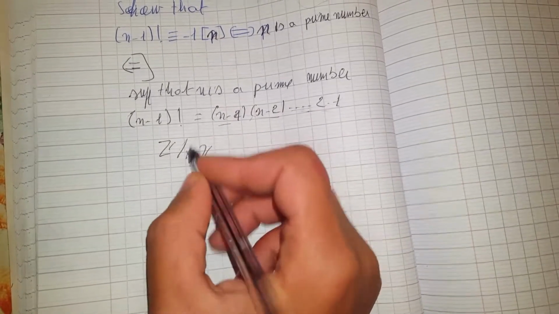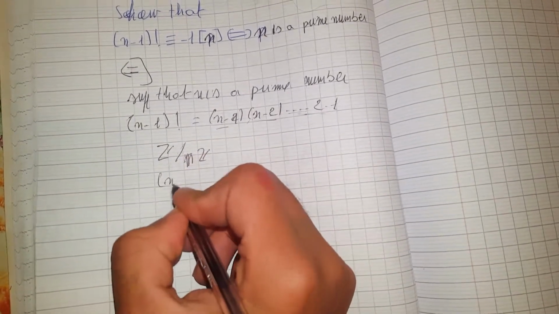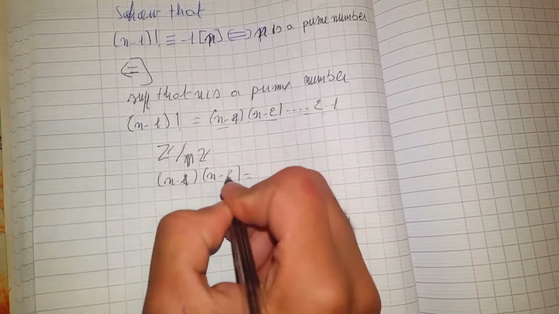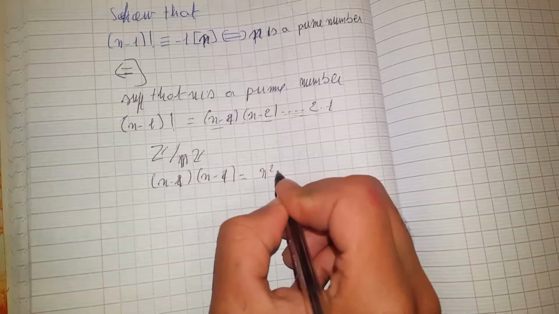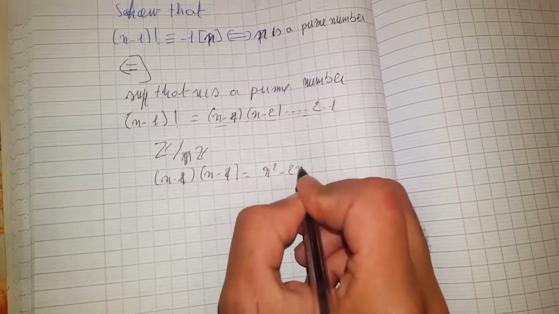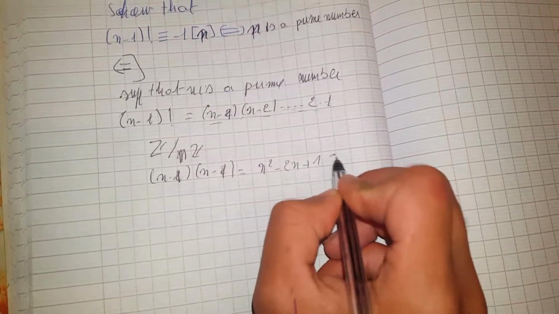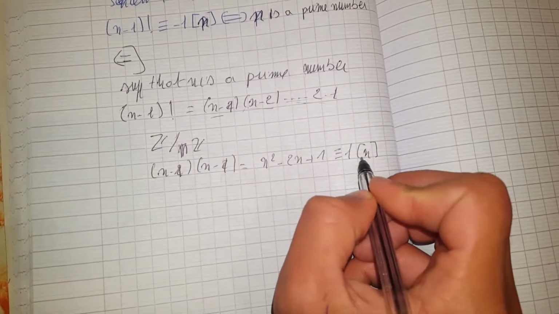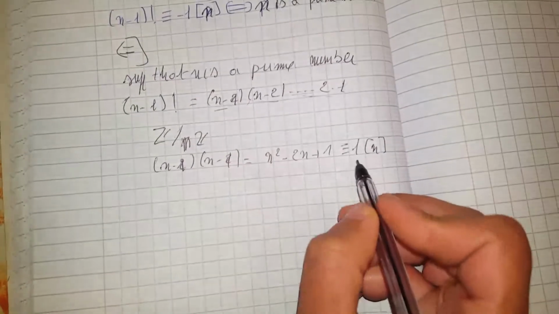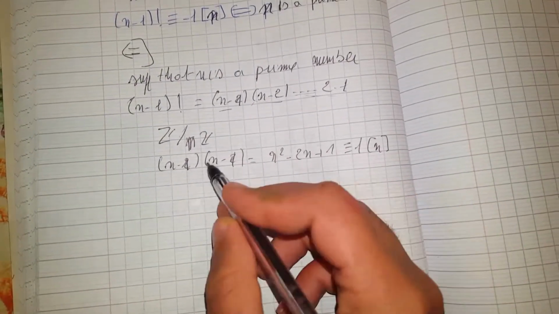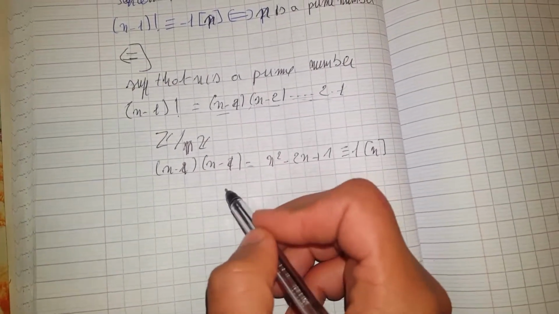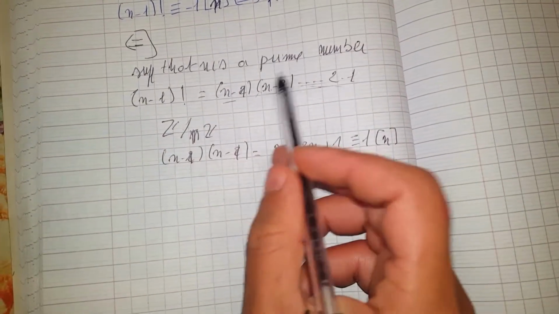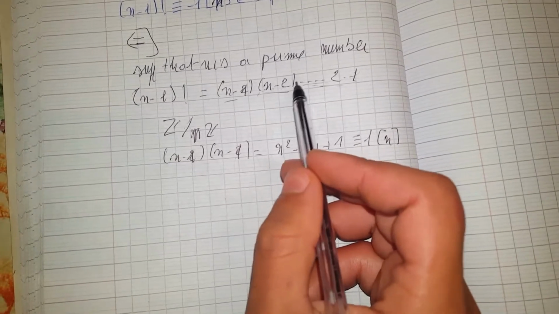And if you remark that (n minus 1) multiplied by (n minus 1) is equal to n square minus 2n plus 1, and that's congruent to 1 mod n, by that we can say that n minus 1 is the inverse of n minus 1, and every element here has an inverse.